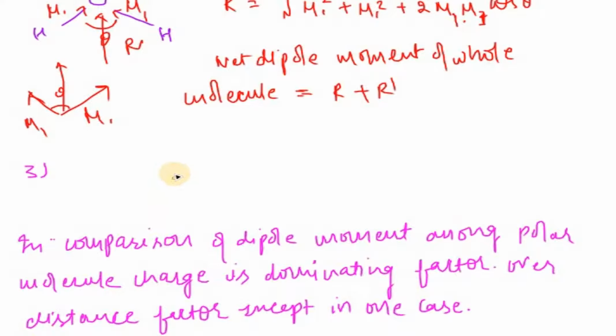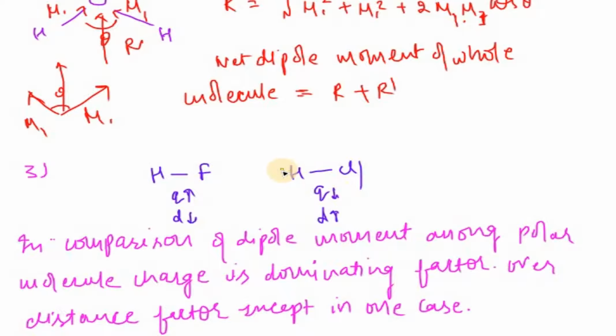Now let's look at one example: hydrogen fluoride and HCl. Let's compare the dipole moment of these two. Fluorine is the most electronegative element in the periodic table, so the charge separation will be highest, but because it belongs to the second period, the distance from hydrogen is not that far. In HCl, the charge is relatively less but the distance is more.